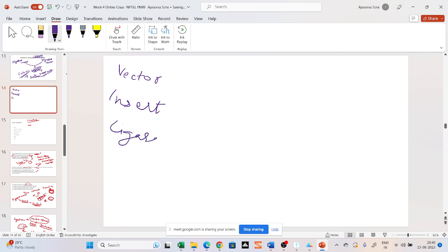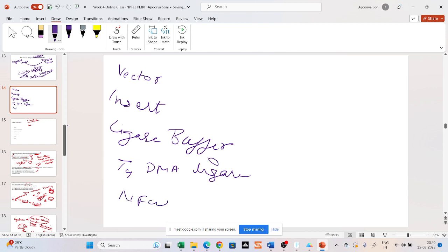So whenever you are setting up any reaction, you always need buffer. For digestion, you need digestion buffer. For ligation, you need ligation buffer. You need your enzyme, suppose T4 DNA ligase, and you need nuclease free water. Okay, so these are the things that you need.